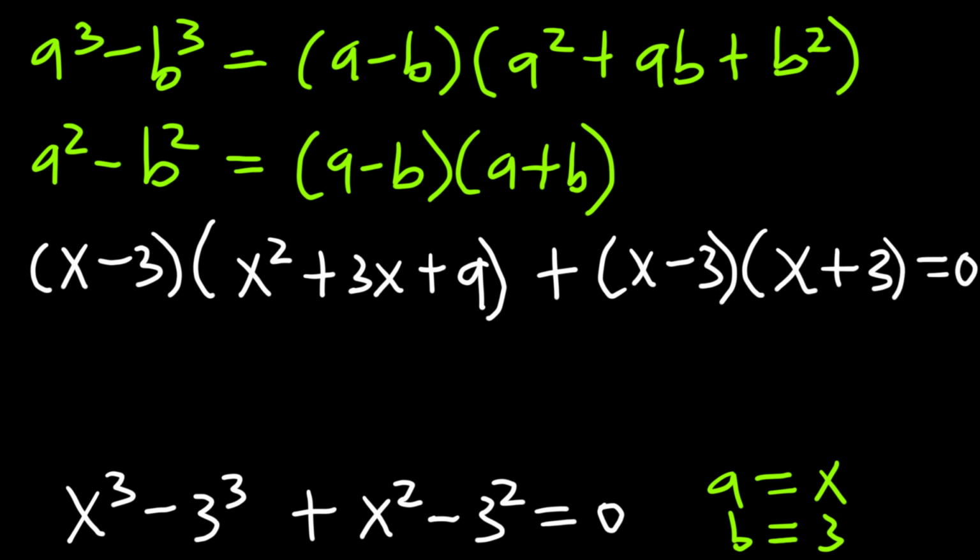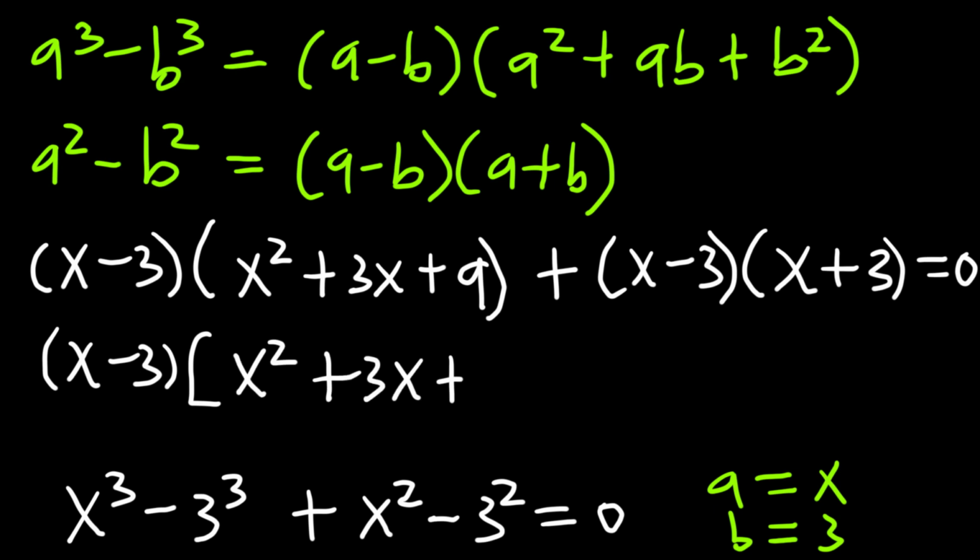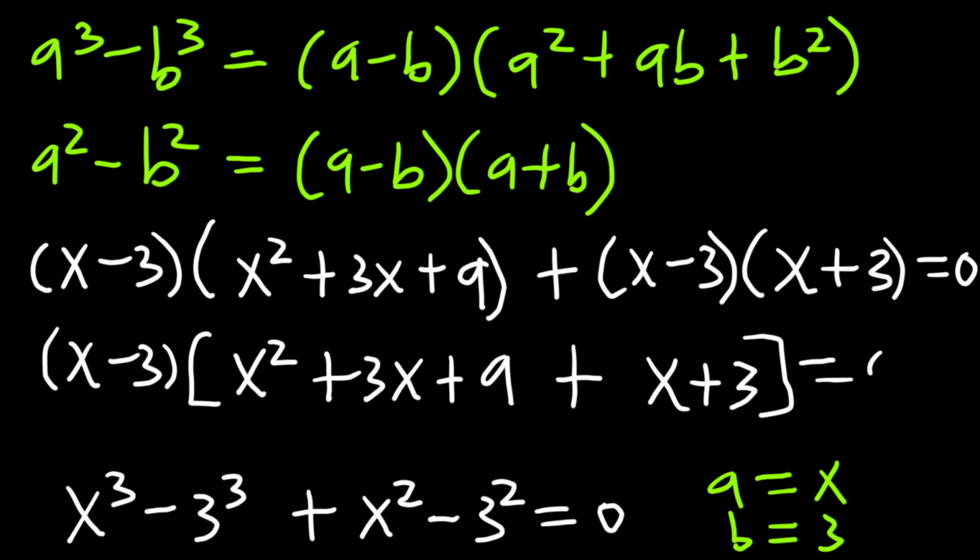And if you look closely, you will notice that x minus 3 is a common factor, so we can pull it out. This will give us x minus 3 into, for the first part, we shall remain with x to the power of 2 plus 3x and then plus 9, and for the second part, we shall remain with x plus 3, and this will be equal to 0.